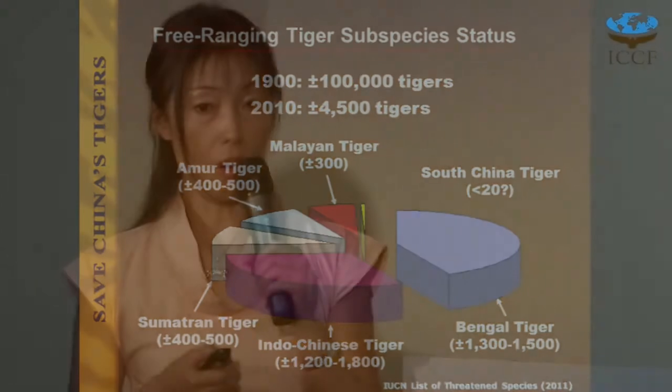In China, the cause of that demise was actually chaos. China went through a period of incredibly unstable time, war, internal wars, anti-Japanese wars. So China lost 36,000 tigers between 1900 and 1950.